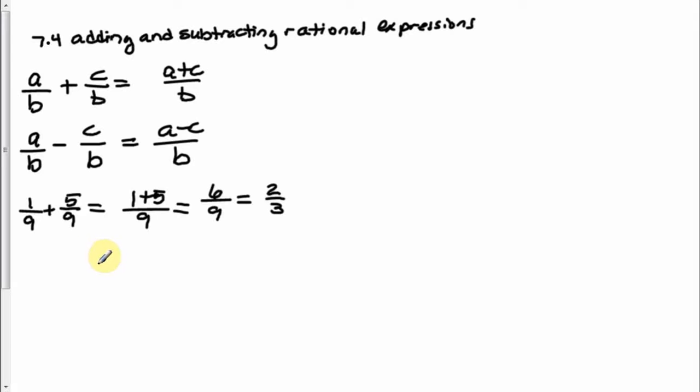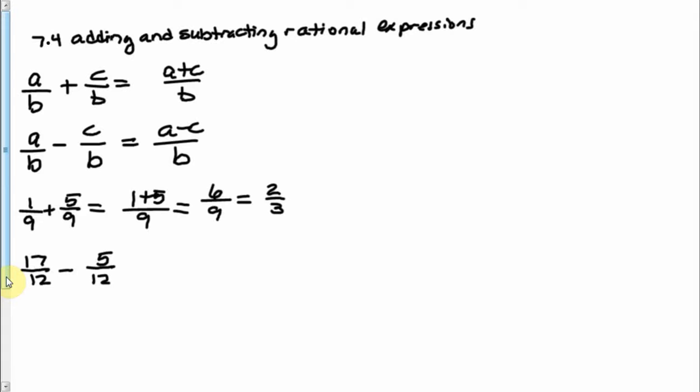Subtraction, same way. If I have 17/12 minus 5/12. Now, if you remember, 17/12 is called an improper fraction because the numerator is larger than the denominator. In algebra, we like improper fractions, okay? We use them. We don't change them to mixed numbers anymore.